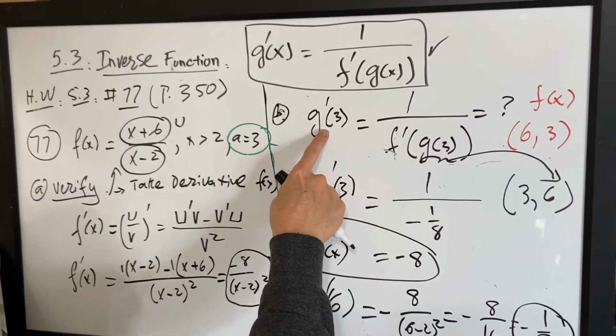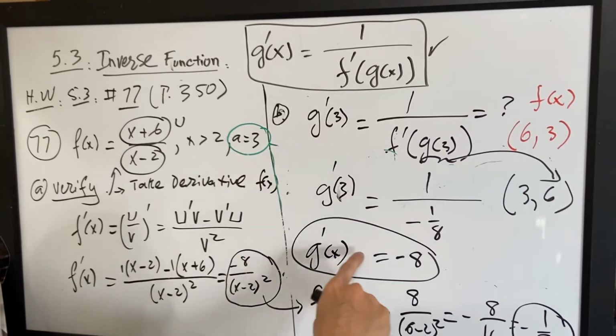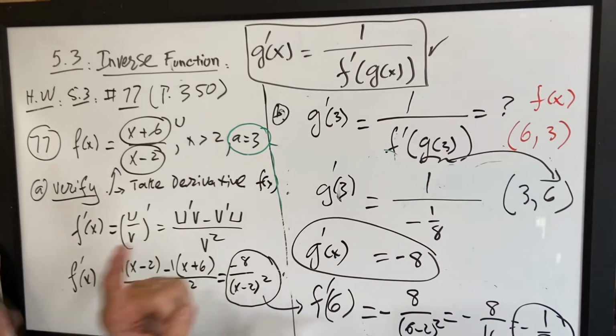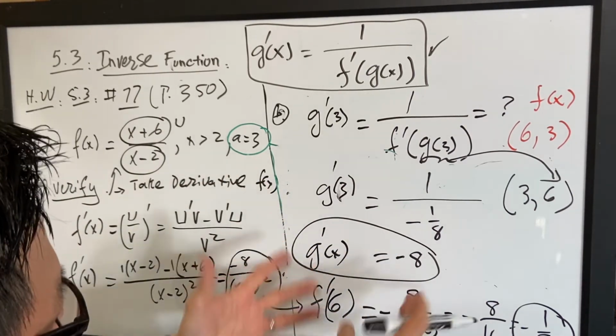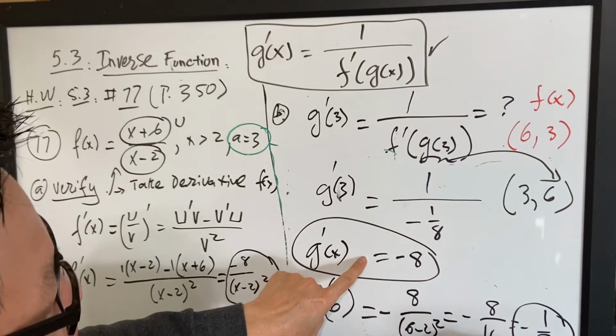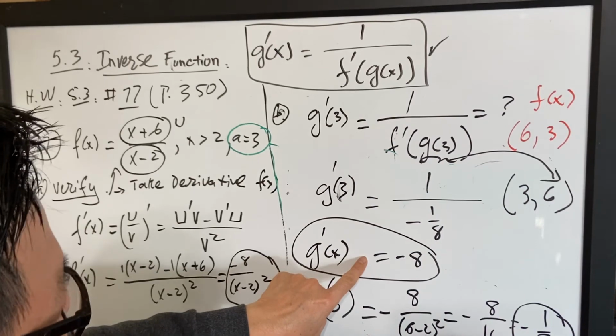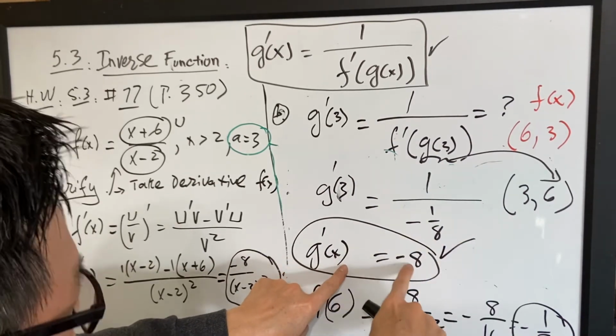Okay, beautiful. Now, this is what the textbook wants us to do on part B, and that is finding the derivative of the inverse at a specific value given. Noticing how you know your work is correct. Can anyone tell me, Mr. Deng, how do I check that my derivative of the inverse is correct? Look at this. They are reciprocals of one another. The derivative of the inverse is negative 8.